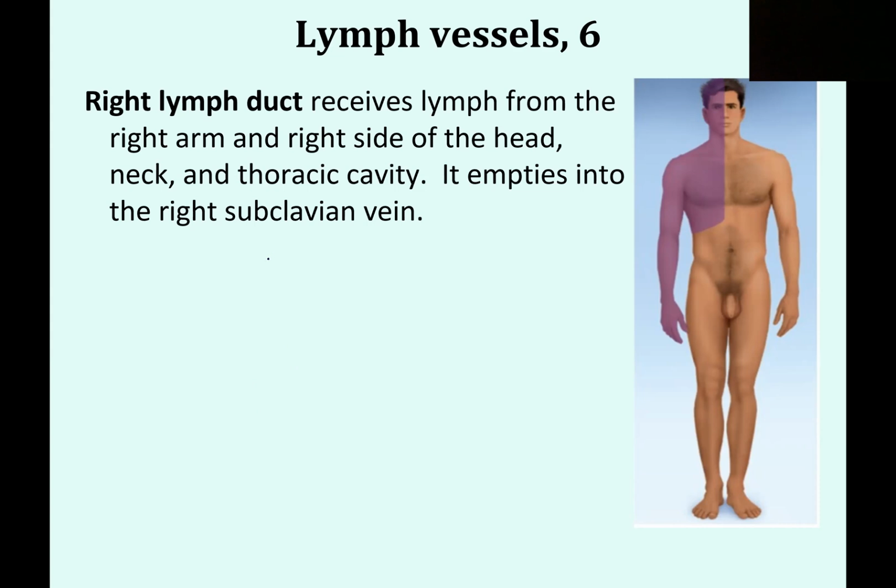They receive lymph from the right arm, the right lymph duct anyway, receives lymph from the right arm, the right side of the head, neck, and thoracic region. So it's the area here that's shaded purple. All of those are going to dump into the right subclavian vein so that the lymph comes back into the bloodstream.